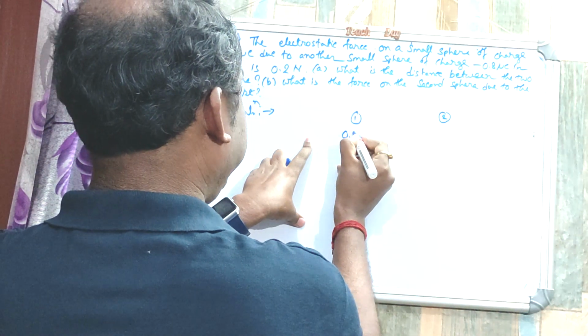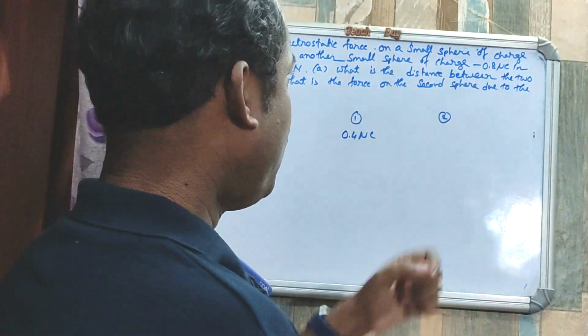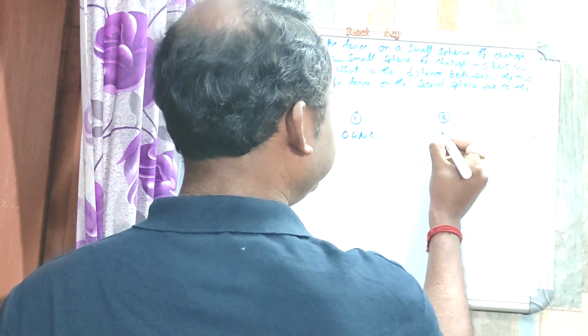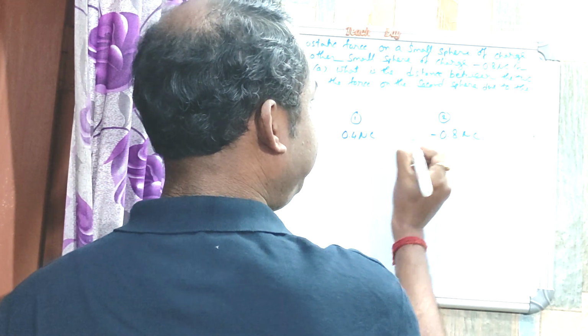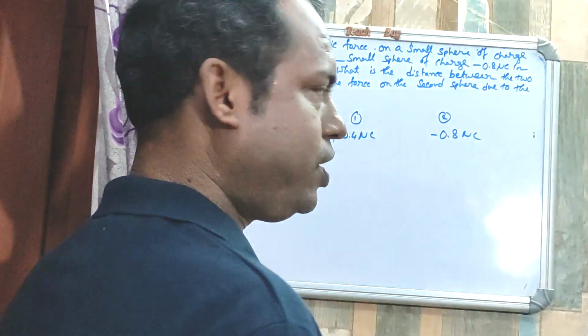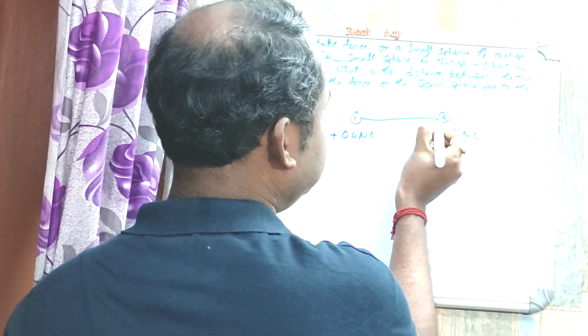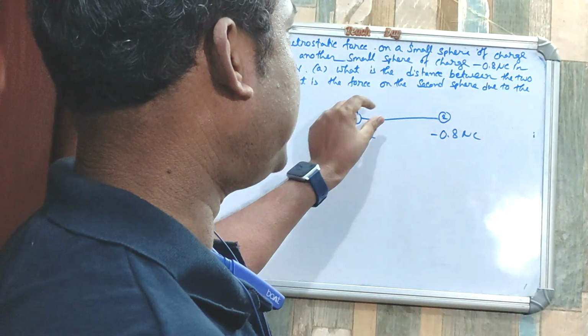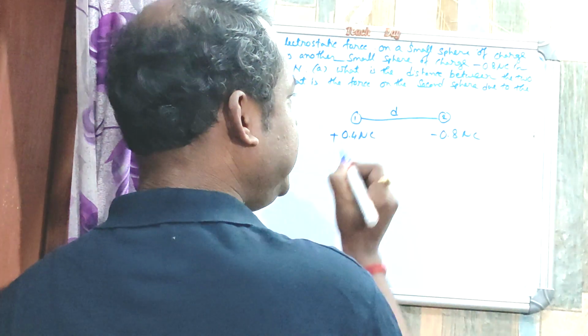That is 0.4 microcoulomb. And what is the charge on the second sphere? That is 0.8 microcoulomb. This one is negative and this one is positive. These two charged spheres are separated by some distance. We consider the distance is d.